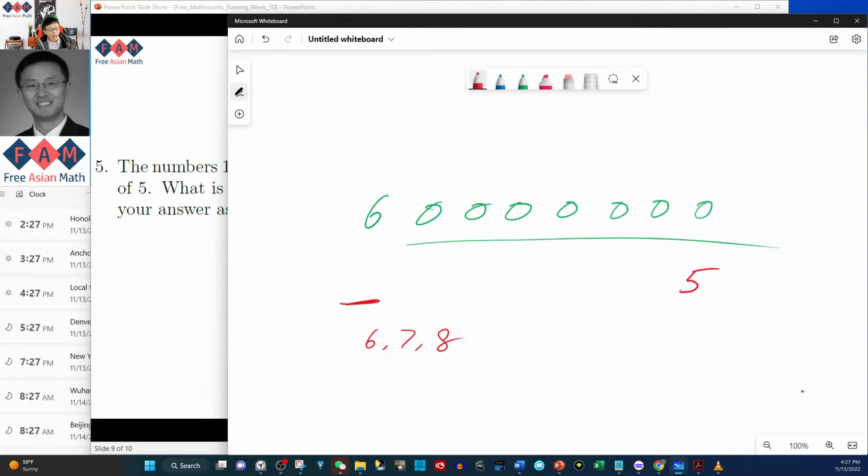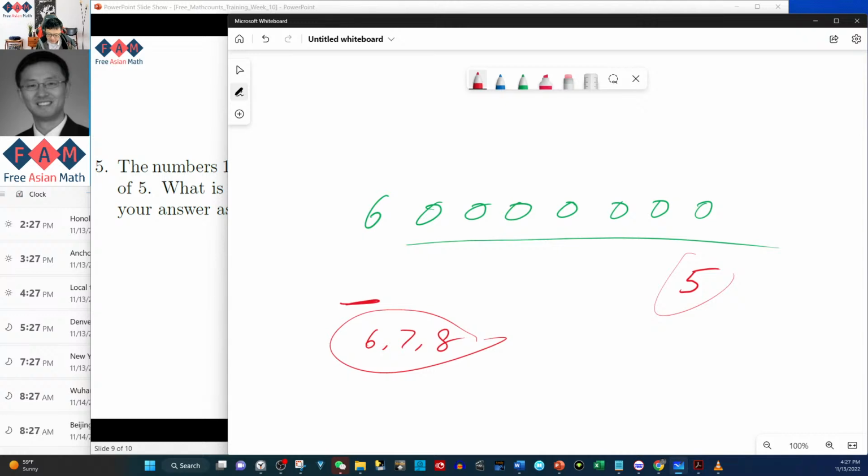On the other hand, any number smaller, you will fail. 5 we cannot take. So the next largest one will be 4. Of course, 4 something is less than 6 something. So essentially this problem says, what is the probability that the first digit will be either 6, 7, or 8? All those 3 will work.